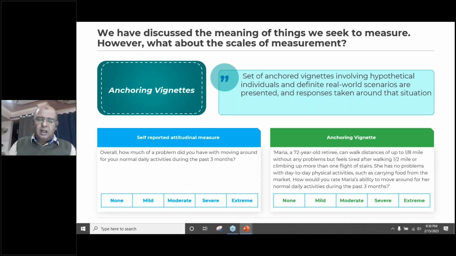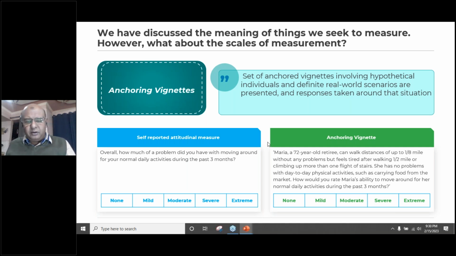Here in this case, Maria, a 72-year-old retiree, is described as having a certain degree of difficulty in mobility. And the same scale is administered to understand how the respondents rate Maria in terms of difficulty in moving around as compared to themselves.